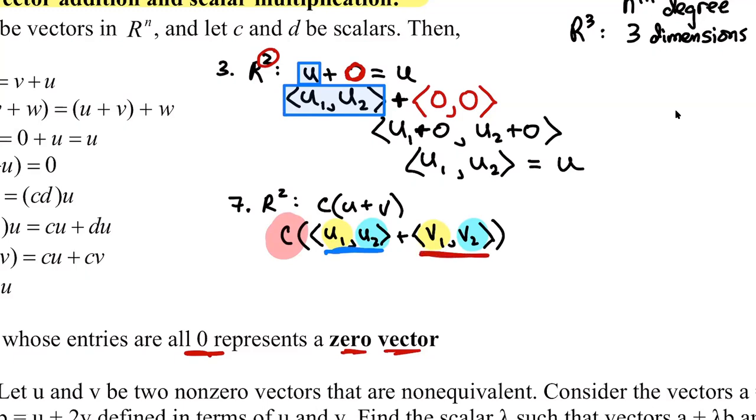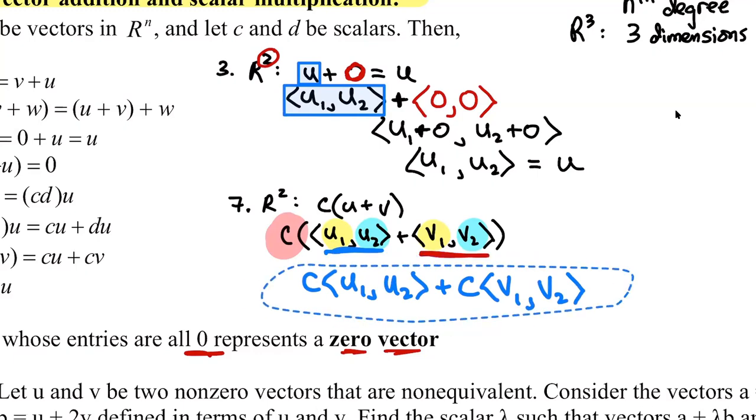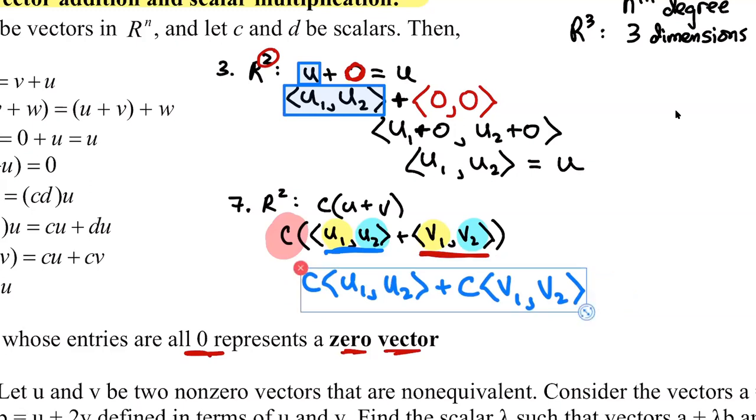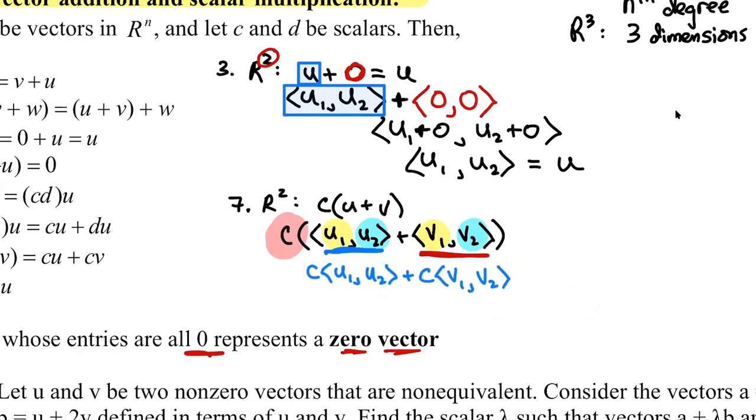So I'm looking at C times (U1, U2) plus C times (V1, V2).